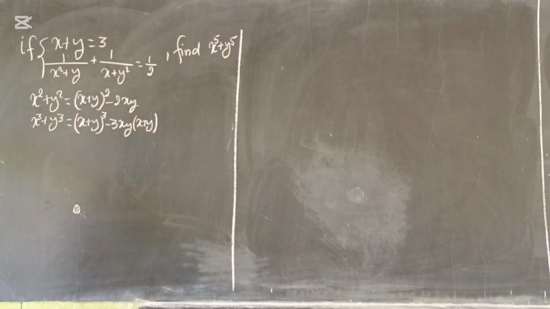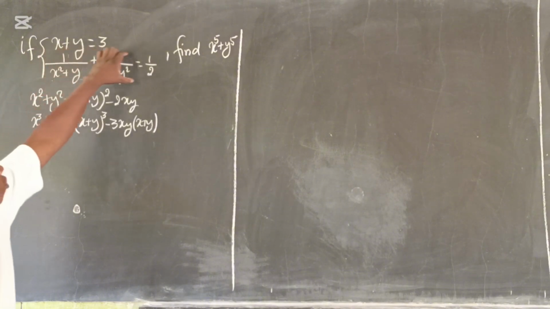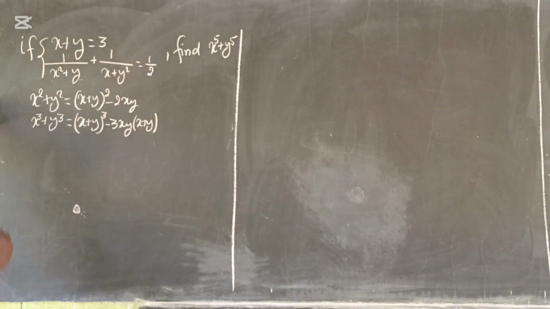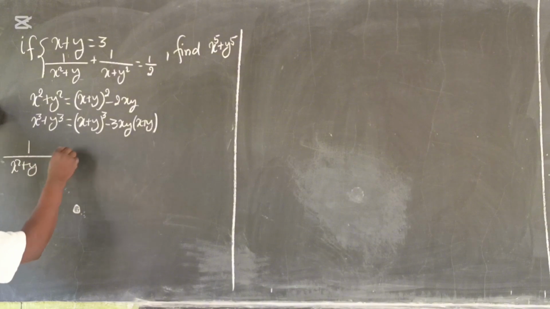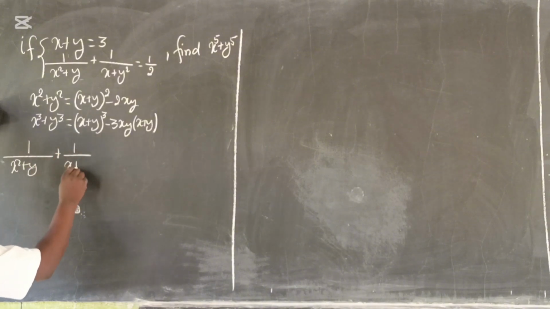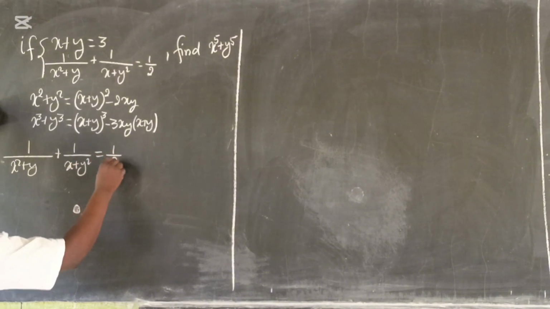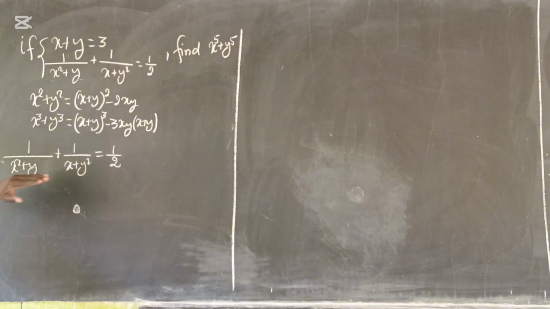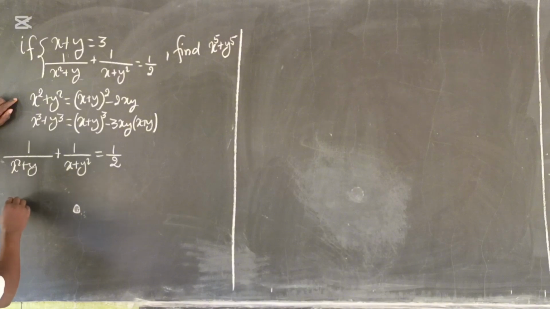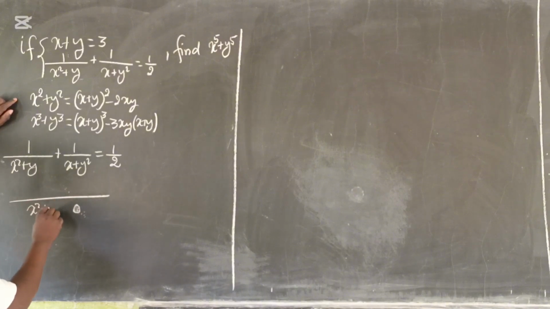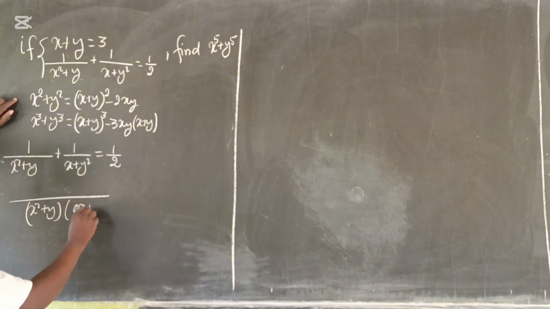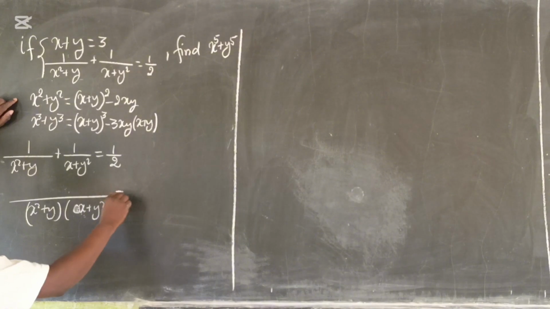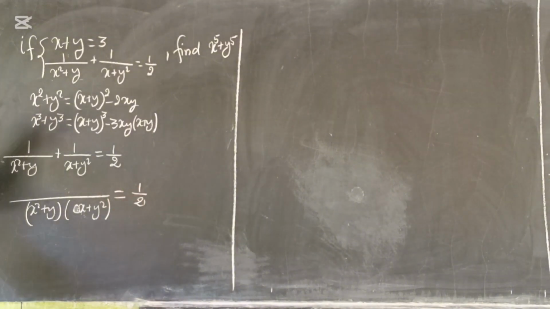Let's start our question from the second condition, which is a half. We have 1 over x squared plus y plus 1 over x plus y squared, which is a half. Putting this on a common denominator, which is the product of these, we have x squared plus y into x plus y power 2, and here is a half.